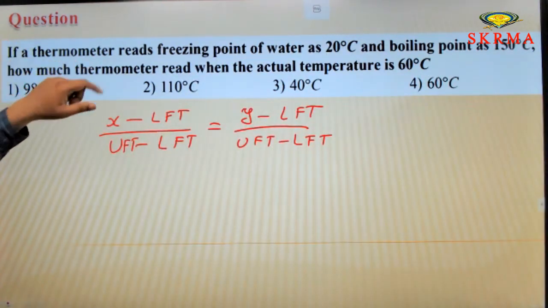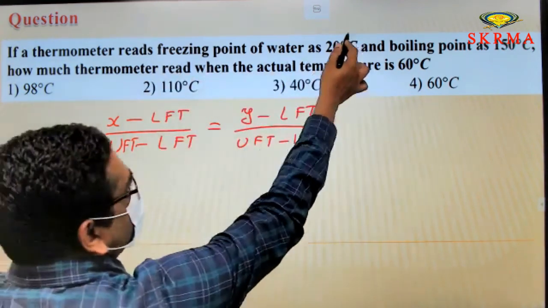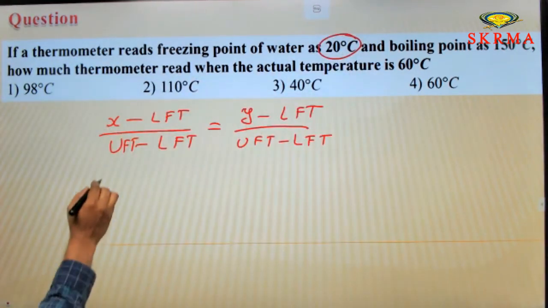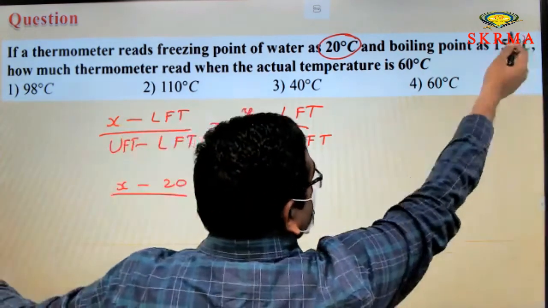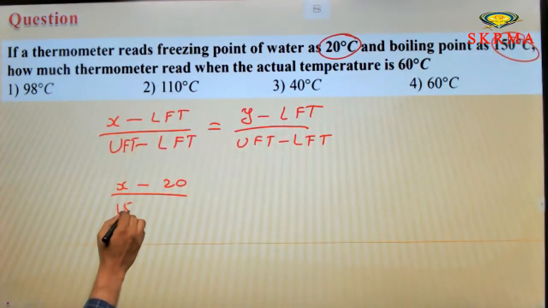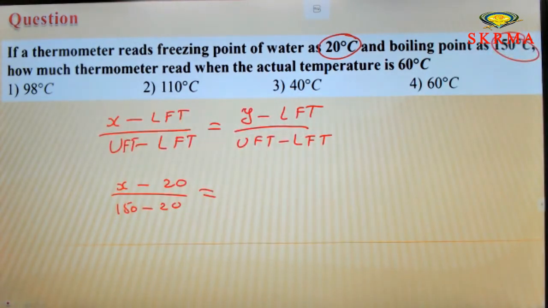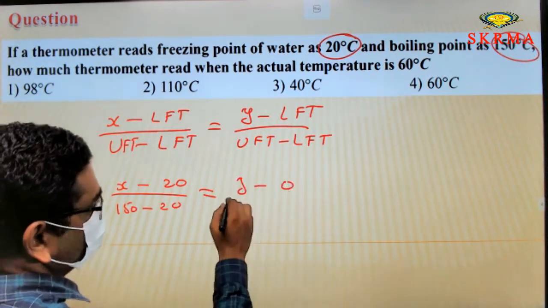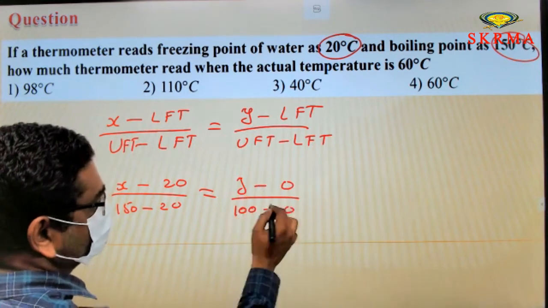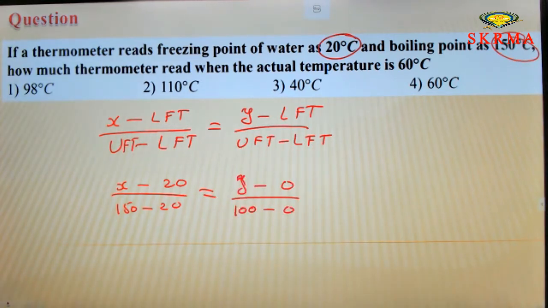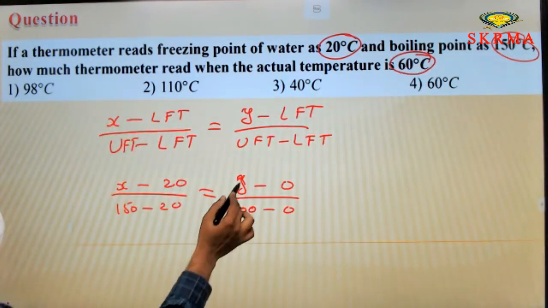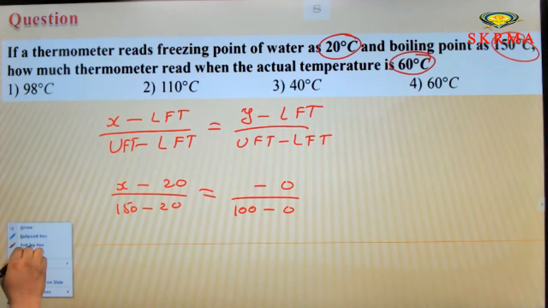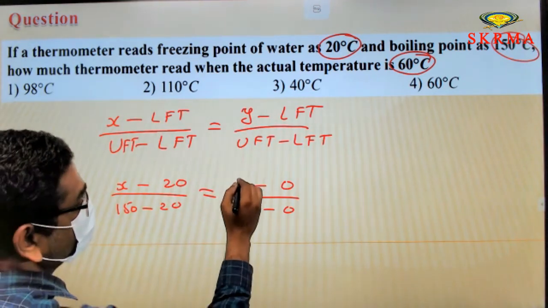For this thermometer, the freezing point of water is 20 degrees, so the lower limit is 20 and the upper limit is 150. Now, for normal temperatures, the lower limit is 0 and the upper limit is 100, so 100 minus 0. The actual temperature is 60 degrees centigrade, the value in normal scale.